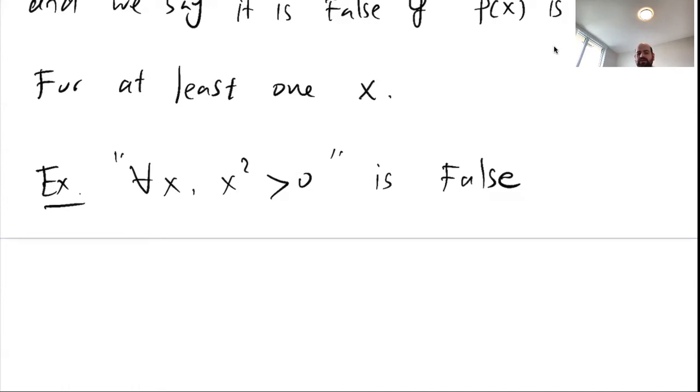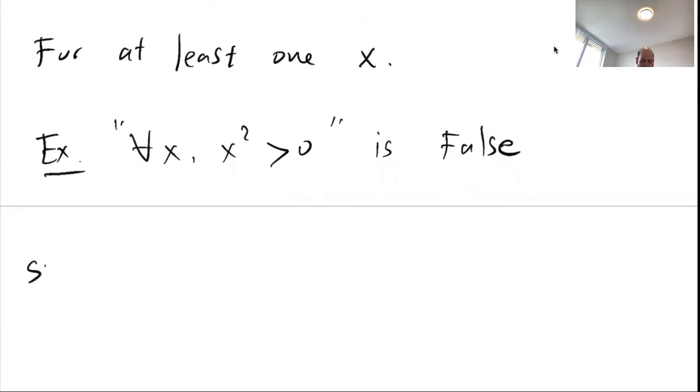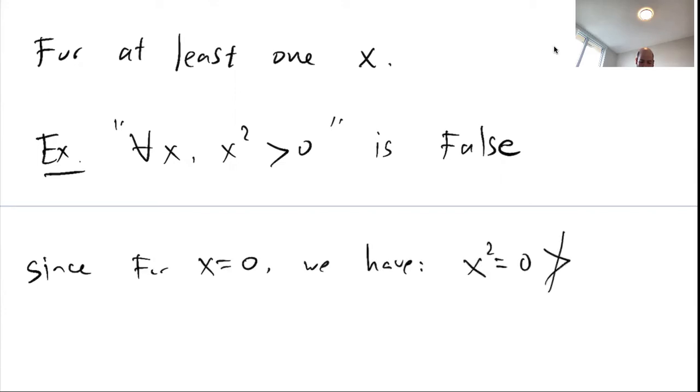So if x is a real number, x squared is bigger than 0. Well, this is true for almost all numbers, but there is one exception, and that is x equals 0, right? Since for x equals 0, we have x squared equals 0, which is not bigger than 0.